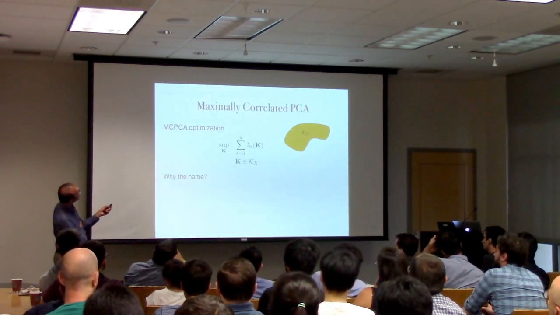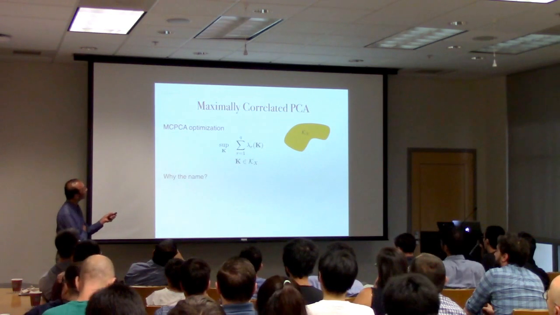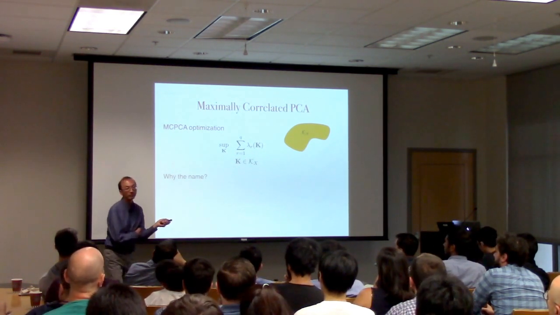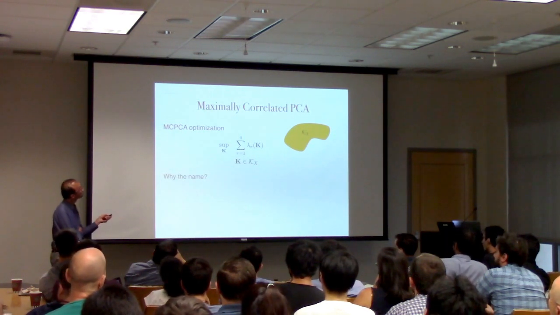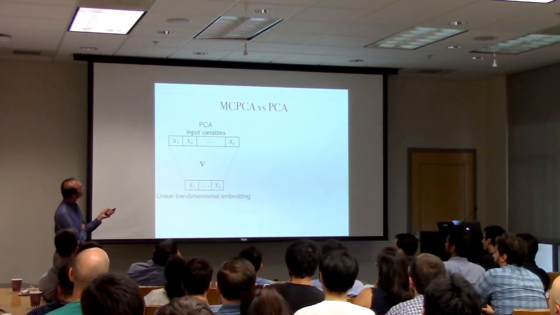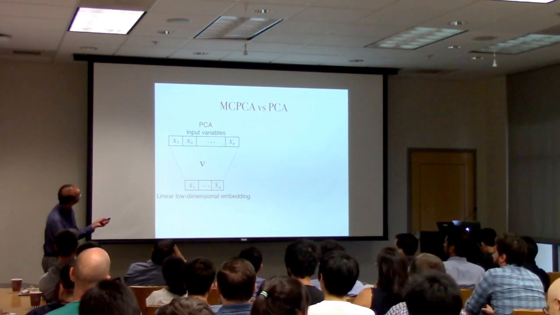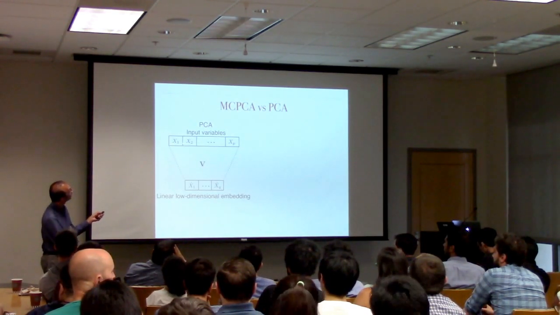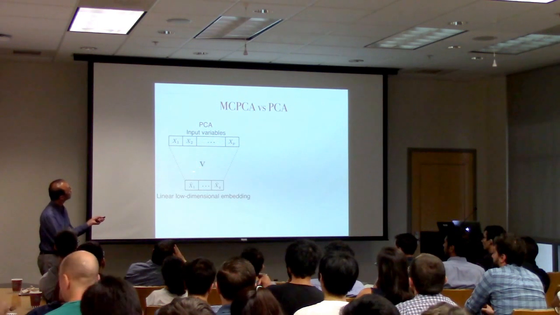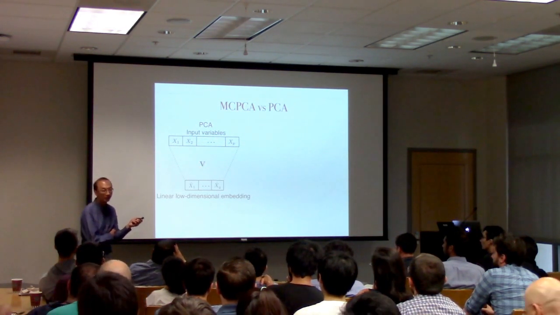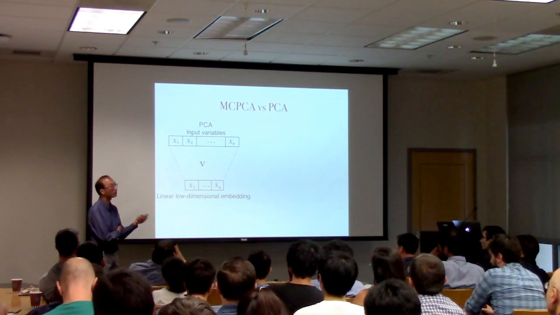We'll call this maximum correlated PCA. And the question is, why this name? So PCA, I remind you, is the following. I take P variables, and then I do a low-dimensional linear projection V into, say, Q dimensions, where Q is what you choose.